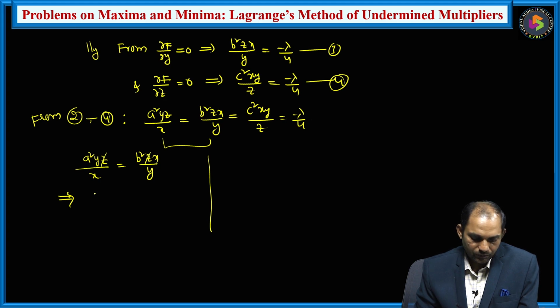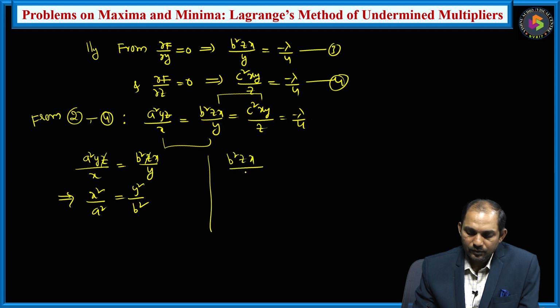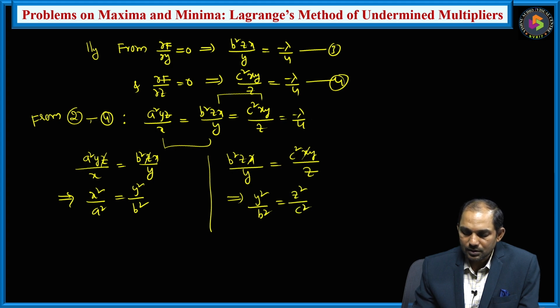You will have x square by a square is equal to y square by b square. Similarly, from the other two members, b square zx by y is equal to c square xy by z. On both sides x is cancelled. This gives y square by b square is equal to z square by c square.